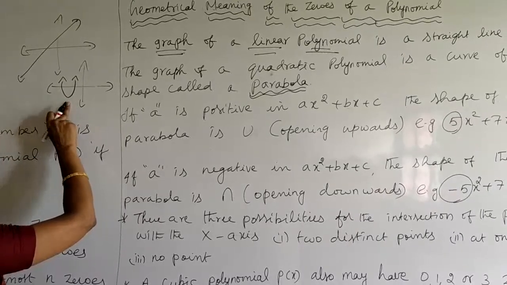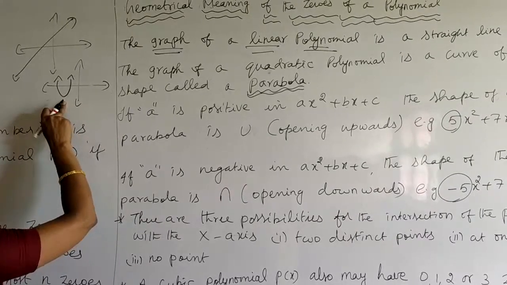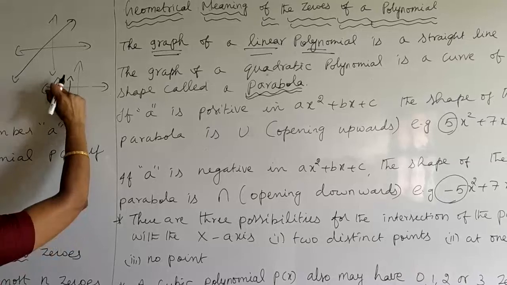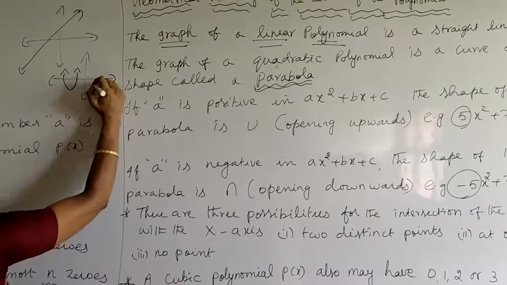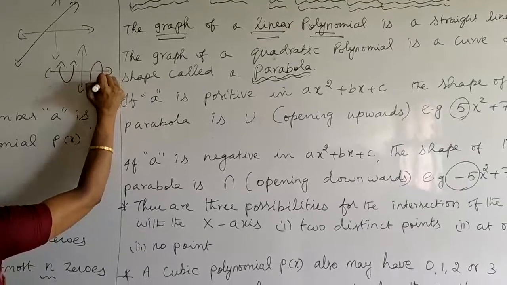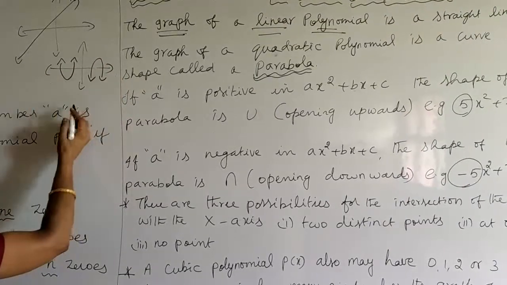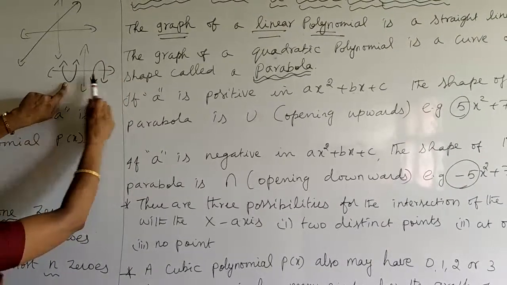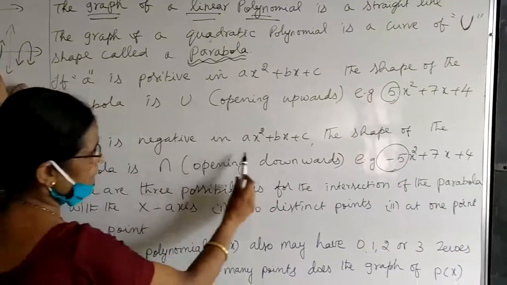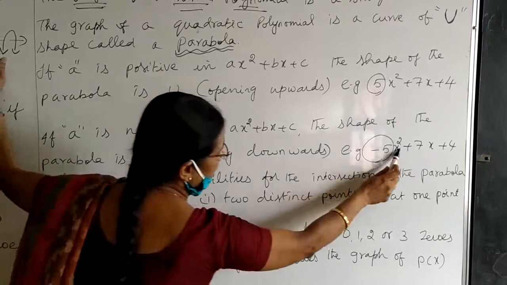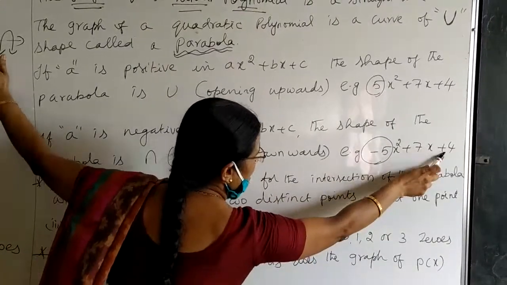In this parabola, there are two types. Parabola opening upwards, this is called the parabola opening upwards, and there is a parabola opening downwards also. So when will we get opening upwards and when will we get opening downwards? Here an example is there. Minus 5x square plus 7x plus 4.